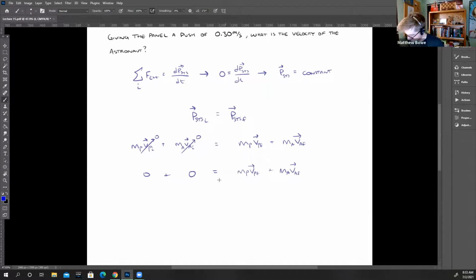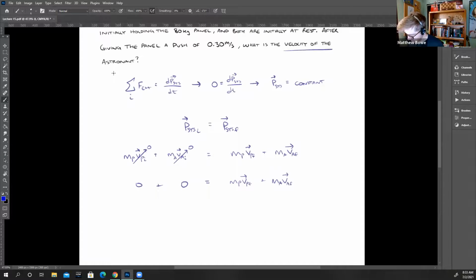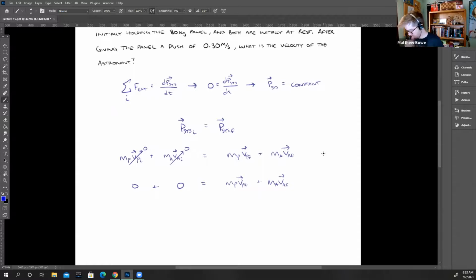Now, with just this side equal to 0, I can solve directly for what I want. What is the velocity of the astronaut? So I want to know this right here. And I'm given a mass of the astronaut, a mass of the panel, and an initial velocity of how they push this solar panel. So let's solve the equation with just the variables.